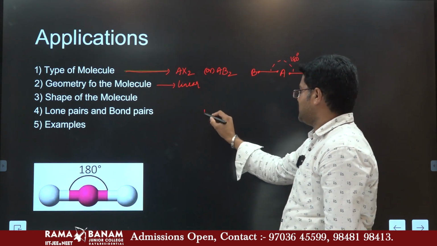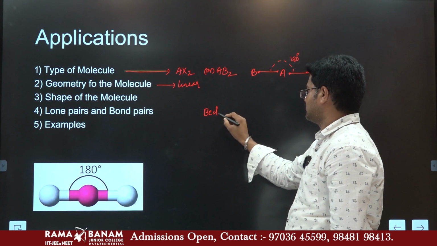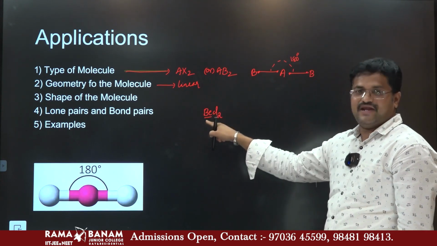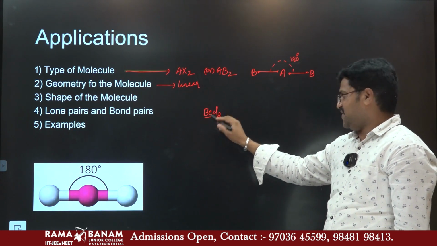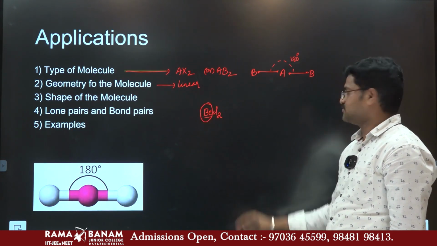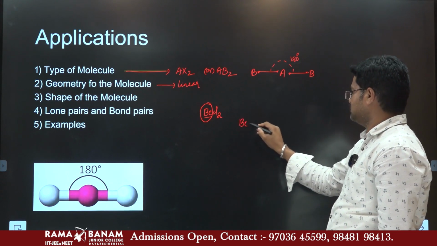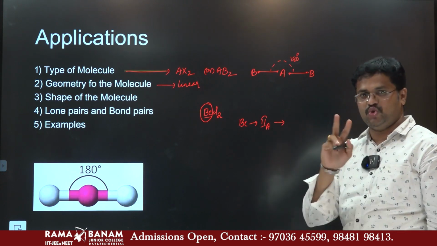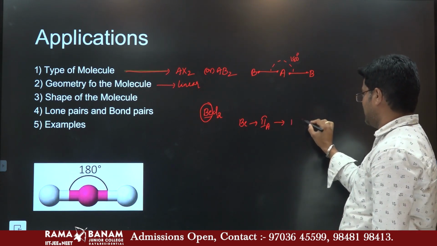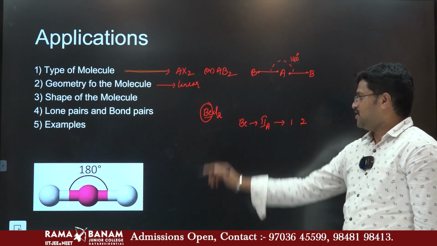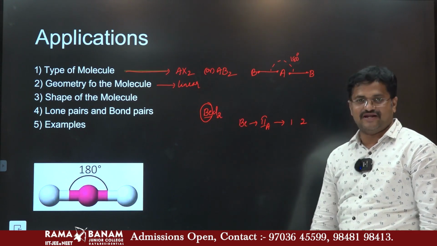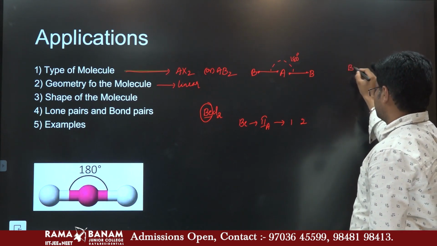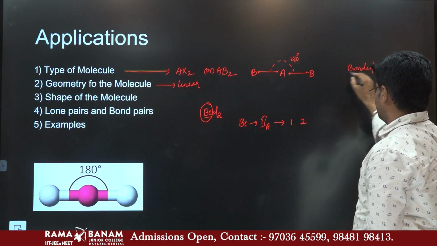Suppose you take the BeCl2 molecule, beryllium chloride. In beryllium chloride, beryllium acts as the central atom. Beryllium belongs to the second A group elements. Its valence shell has 2 electrons, 1, 2, like this. Here 2 chlorine atoms act as bonded atoms.